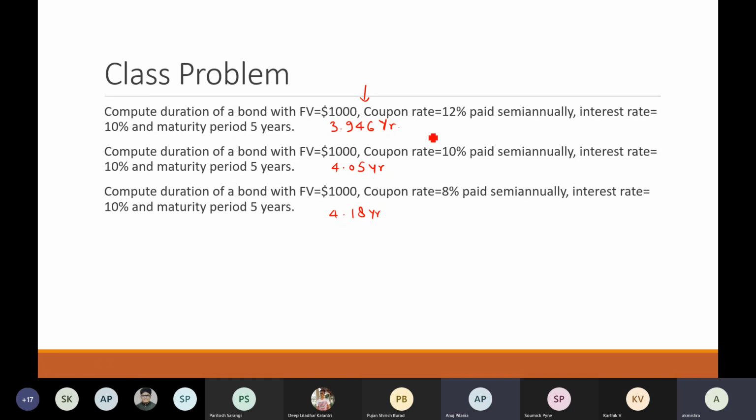Okay. So sir, first one I am getting 4.5089. For second one, 4.166. And for third one, 4.277. Okay.